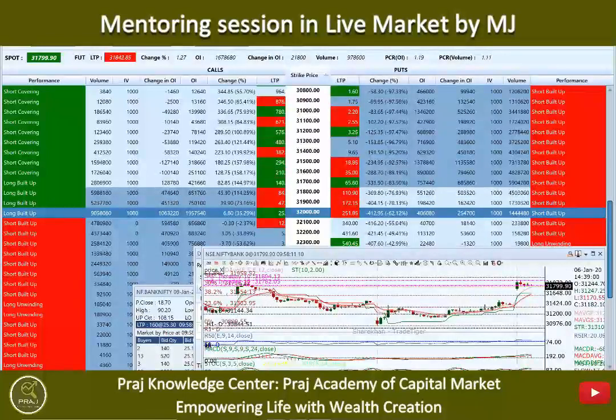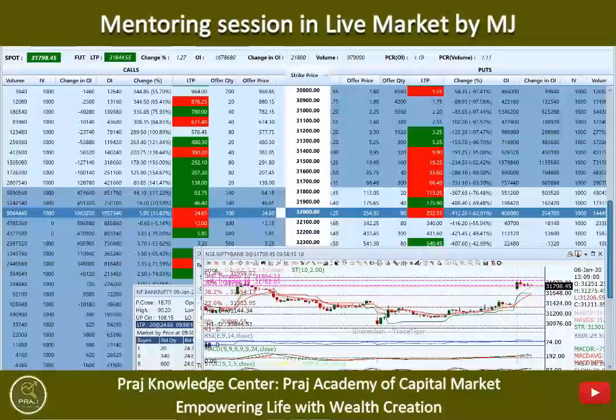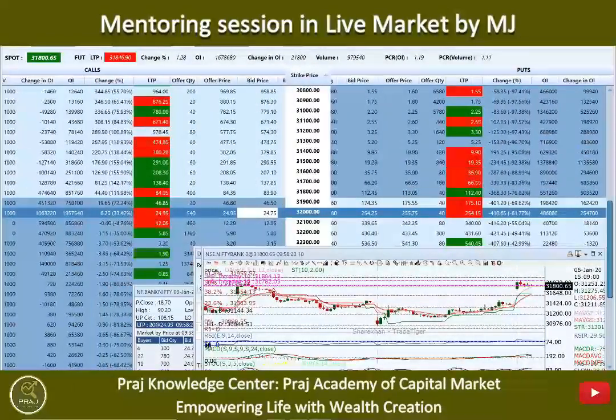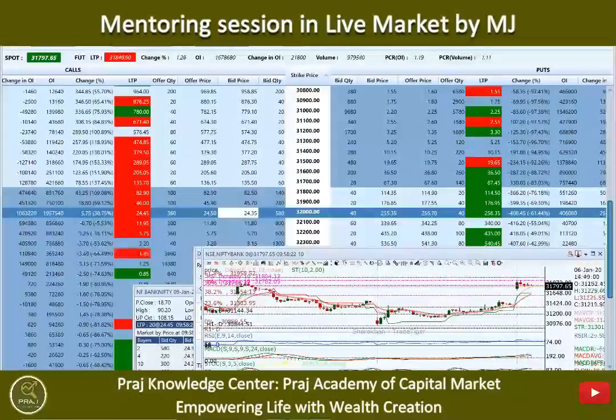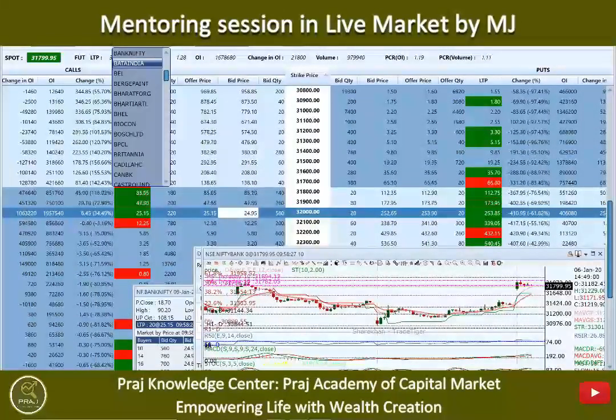Although I'm in no mood after this kind of move, but 31,500 to 32,000 is the range in which you can expect Bank Nifty to be active.